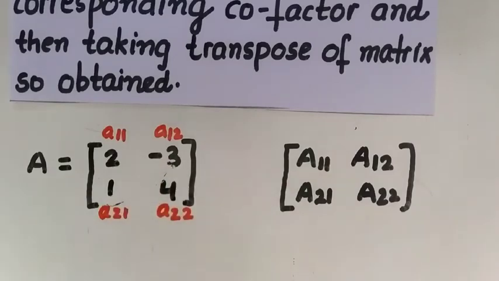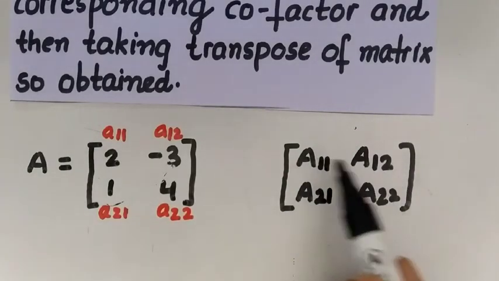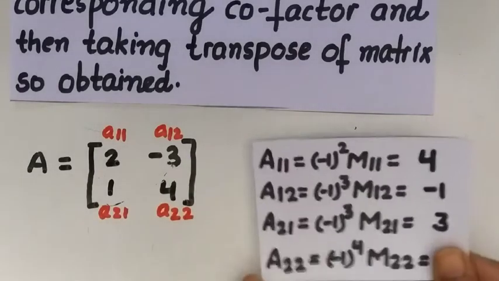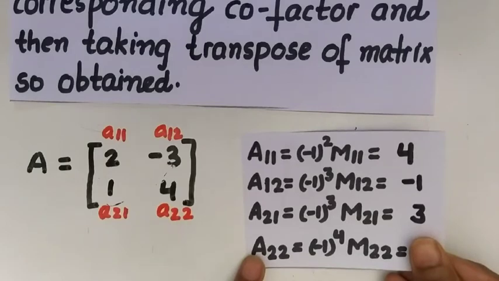Okay. So students, now what to do? Now we will find all cofactors A11, A12, A21, A22, and all of you know how cofactors are determined, so you can find them. I have already determined the cofactors, you can see.